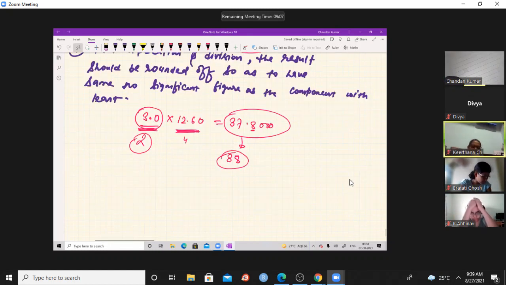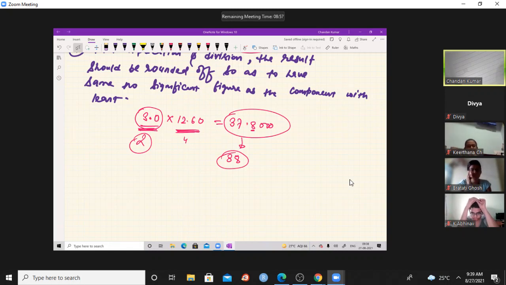So why are we doing this? To basically have an idea to avoid error. Imagine I am having 1039 divided by 2.0123.